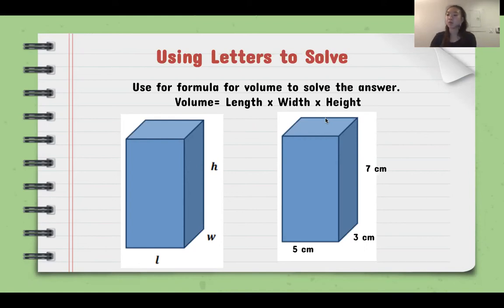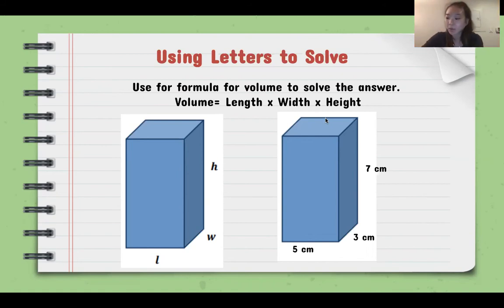So we know that in this picture, our H is going to equal our height, and our height is 7 centimeters. So I like to write out all my information before I start doing the problem, so I make sure I have everything I need to succeed.